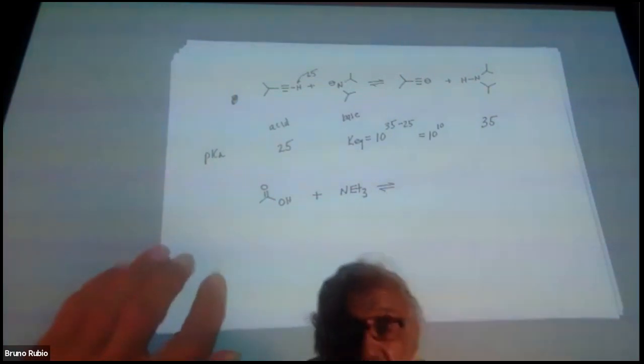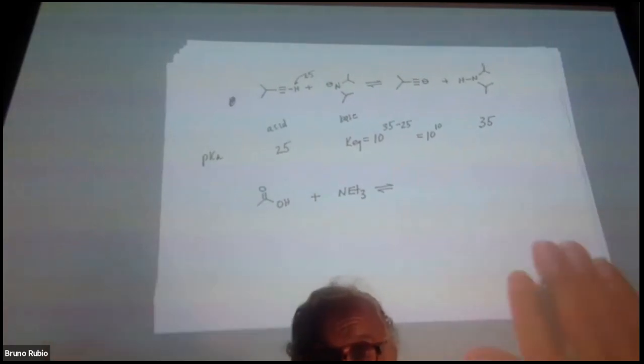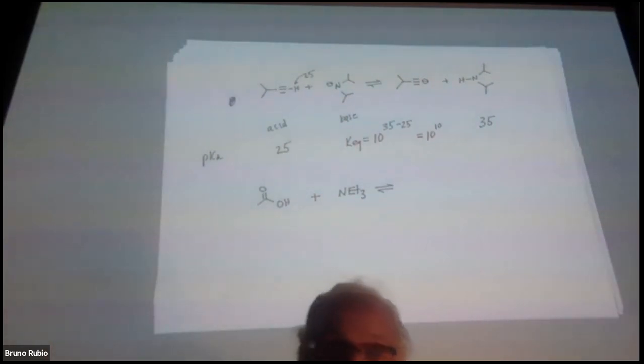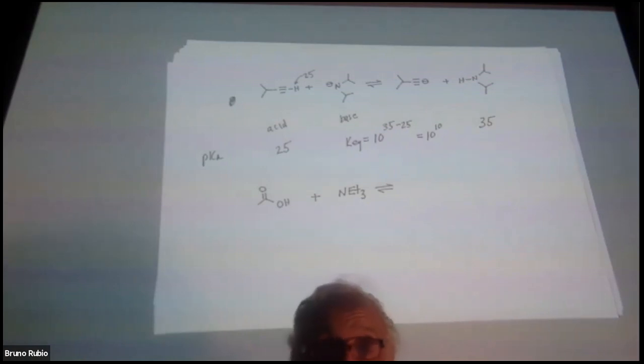And this is an acid-base reaction, and we want to figure out what its equilibrium constant is. Here, identification of the acid and the base is a little bit more complicated than the examples we've done heretofore, because in all of our other examples we were looking for something with a negative charge to function as the base.